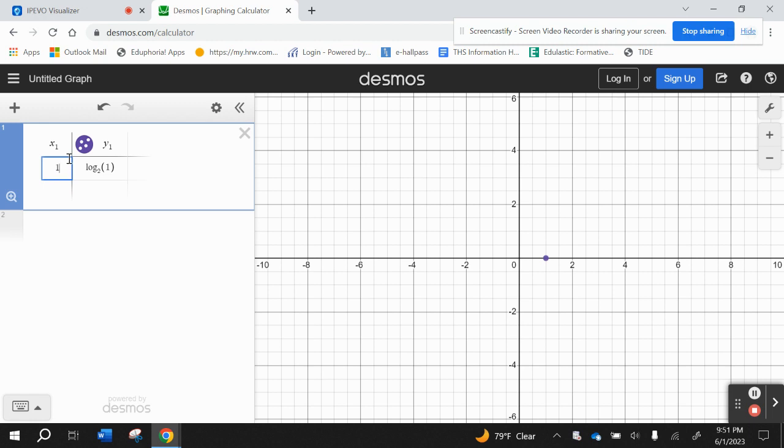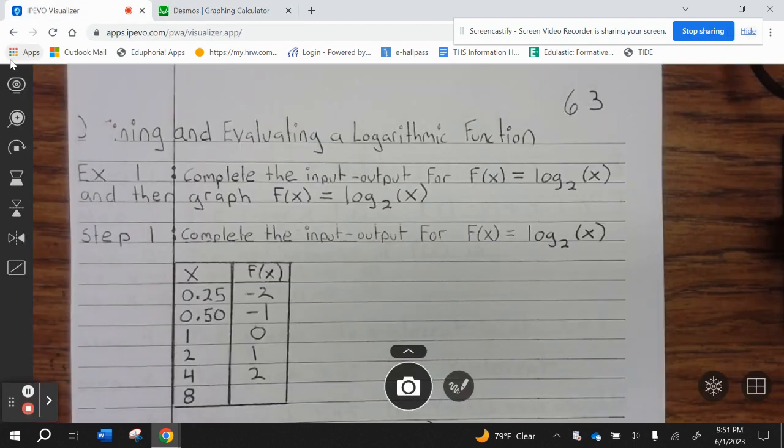When x is 2, it's 1. When x is 4, it's 2. And when x is 8, that's 3. Okay.